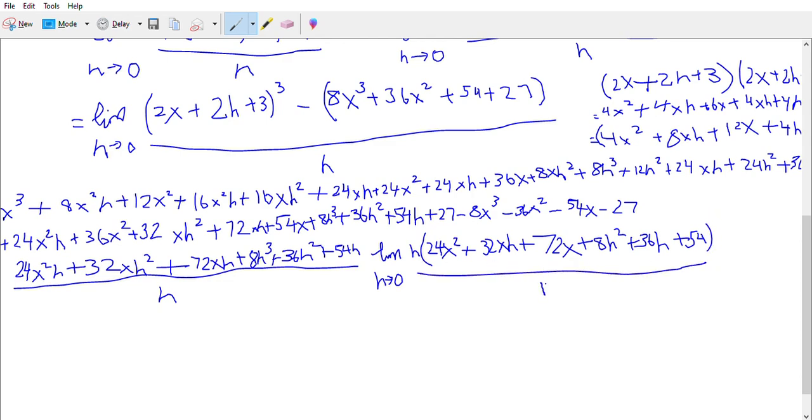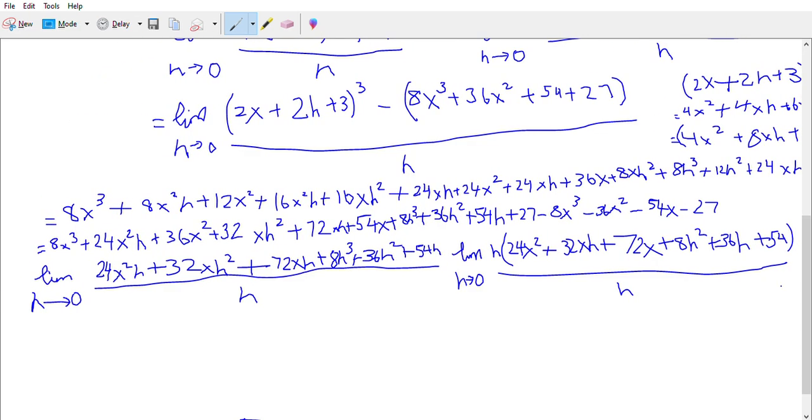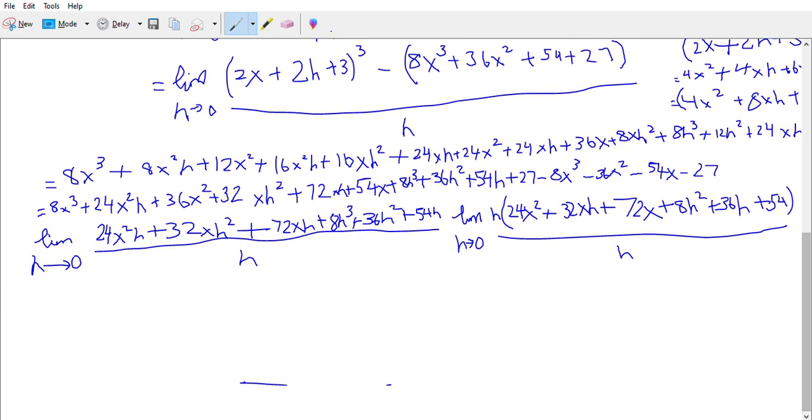Now, because I did distribute the h out, all that is left is just cancel out the h, and at the end, on the next line, I will be scrolling down a little bit, erase these straight marks.